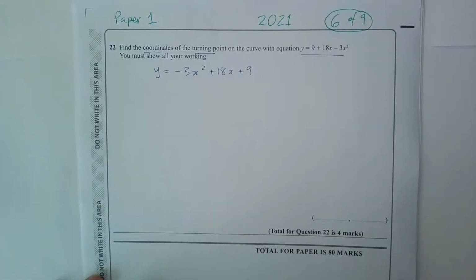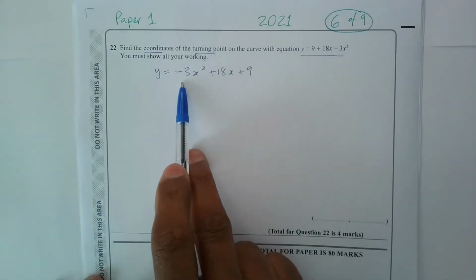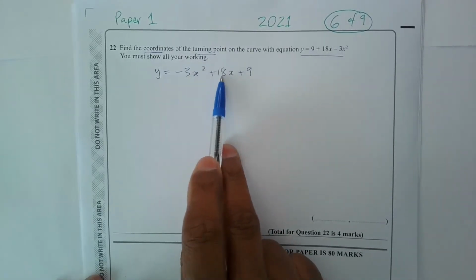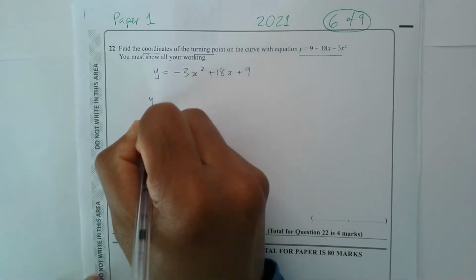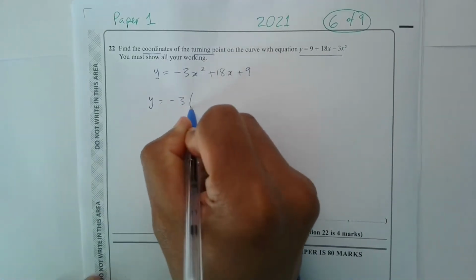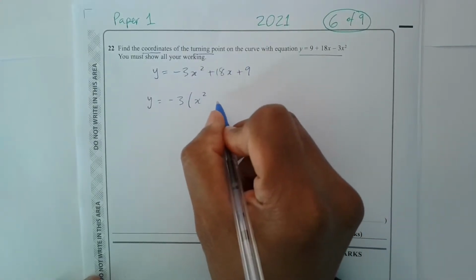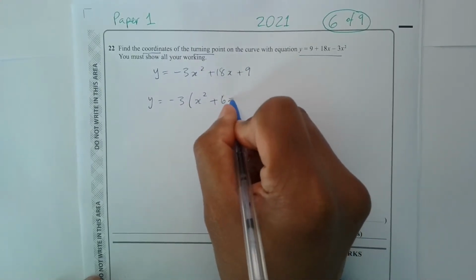So now I'm looking at what is different from what I normally do. I normally don't have the 3, so I'm going to see if I can factorize the 3. Does 3 go into 18? It does. And does it go into 9? It does. So I'm now going to factorize the 3. So minus 3x squared. 18 divided by 3 is 6x.